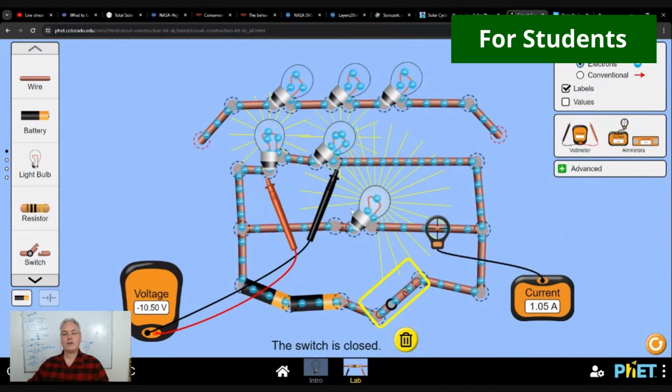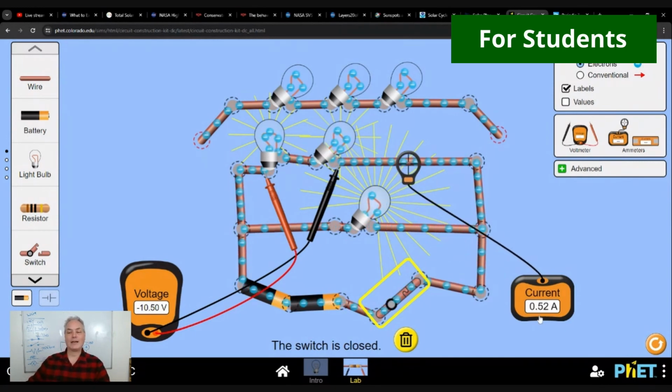So let's see. On this branch here, I still have 1.05 amps because there's only one way and one bulb. However, if you go to the other branch, I now have 0.52 amps. That means that each of the bulbs has half the energy, and the number of electrons going on this branch is half as many as well.